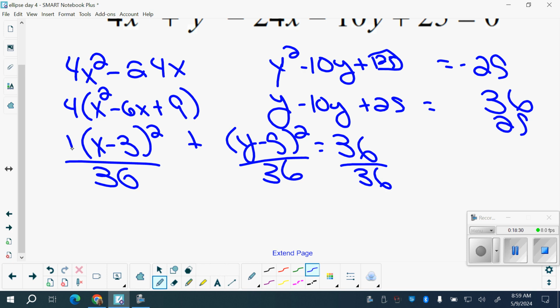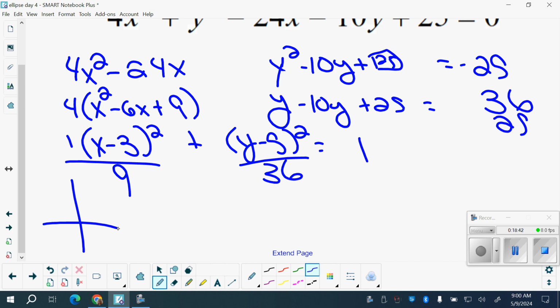So I get a 1 here and a 9 here. If I was going to do a baby sketch, nothing big, nothing scary, it's going to look like this. (3, 5) is somewhere around there. I am going to go 3 this way, 3 this way, 6 up here, 6 down there, and he looks something like that.